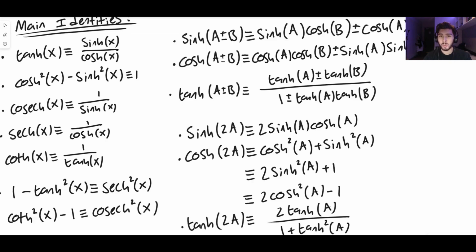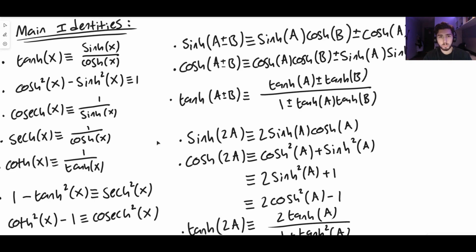There is a nice rule that we will look at in a separate video, but I will introduce it to you now. It's called Osborn's rule, and what it states is that if you want to know what the hyperbolic identity is that relates to some trigonometric one, then you just take the trigonometric version, and the hyperbolic version is the exact same, but if in the trigonometric one there is a sine squared, or if there are two sines multiplying, then you need to change the sign in front of it, if that makes sense.